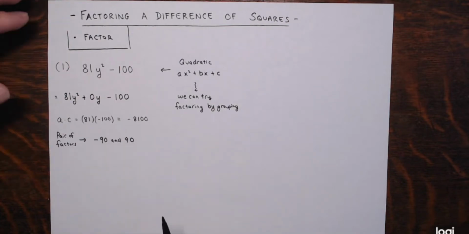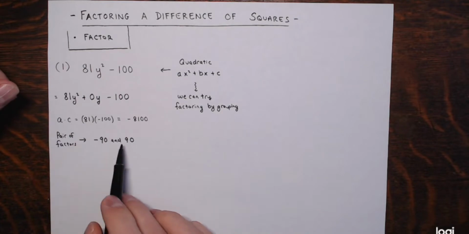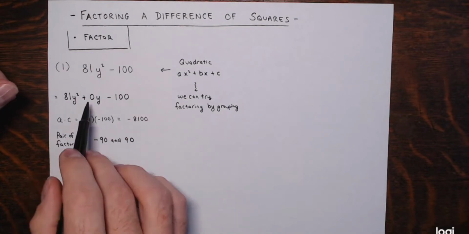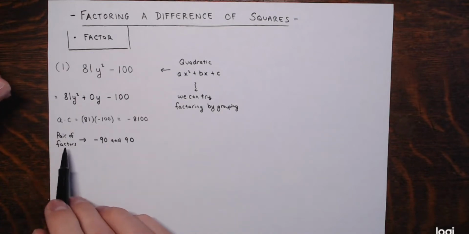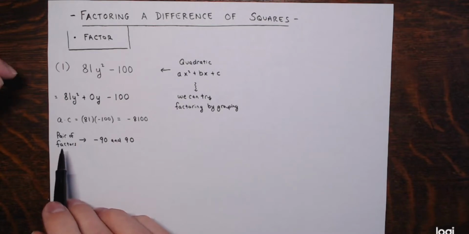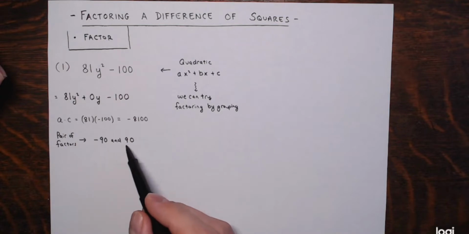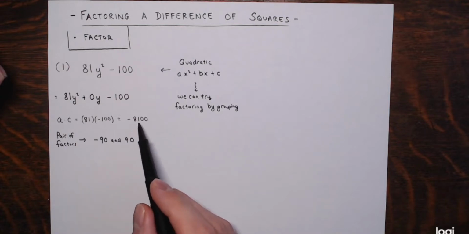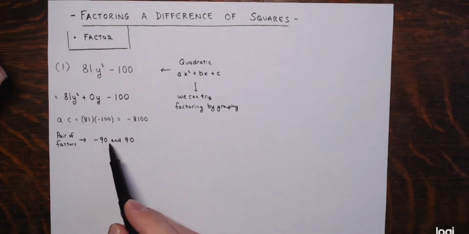And remember, if this pair of factors of AC that add up to b cannot be found, then the polynomial is not factorable over the integers. It's prime. But I could find them. Negative 90 times 90 is negative 8100, and negative 90 plus 90 is 0.